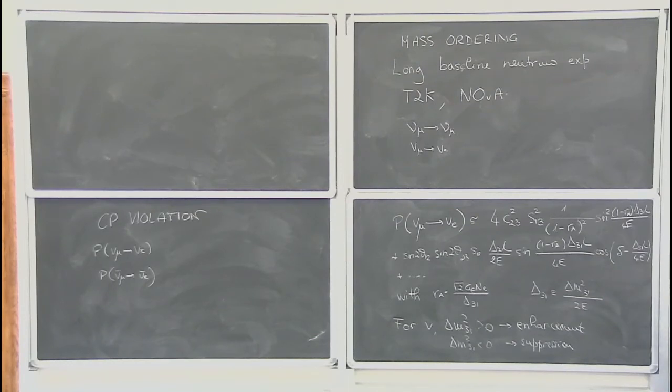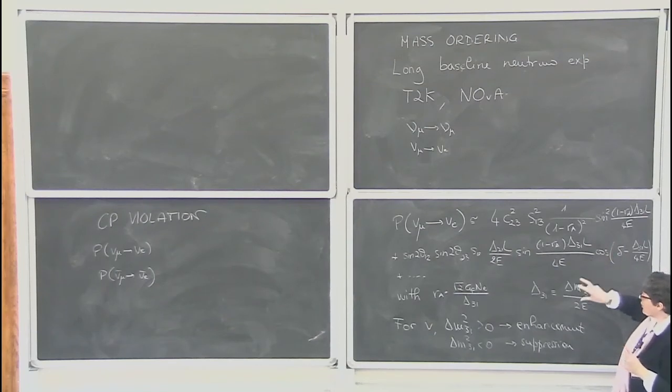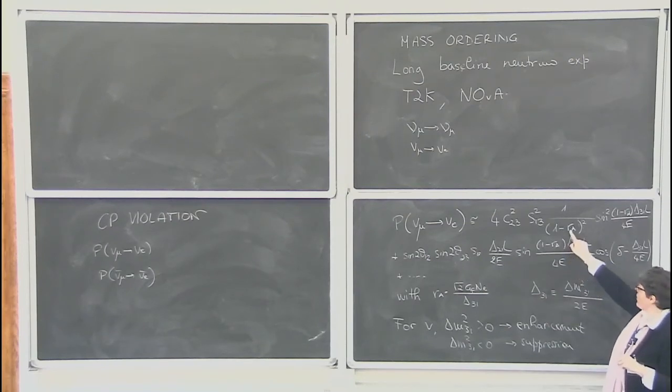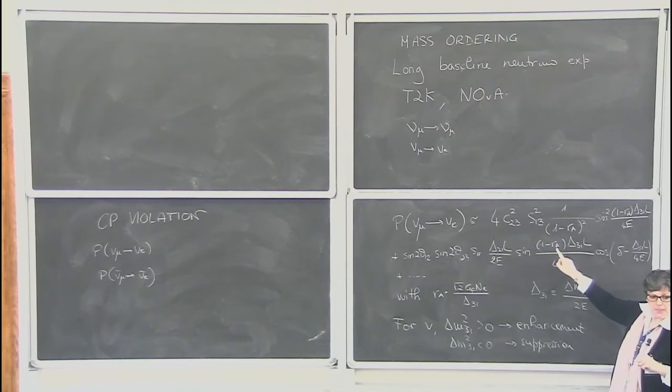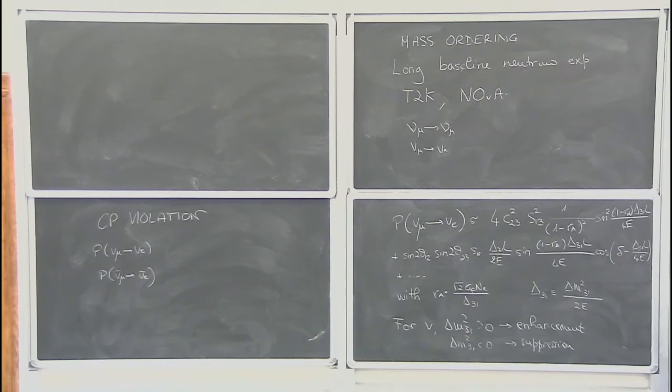Now, the problem which we studied for a long time, and I think we now have under control, is that when you change from neutrinos to antineutrinos, you change delta to minus delta. But as you also have matter effects, you also change this to the opposite. So now you have two sources of difference in the probabilities, and you have to disentangle the two.